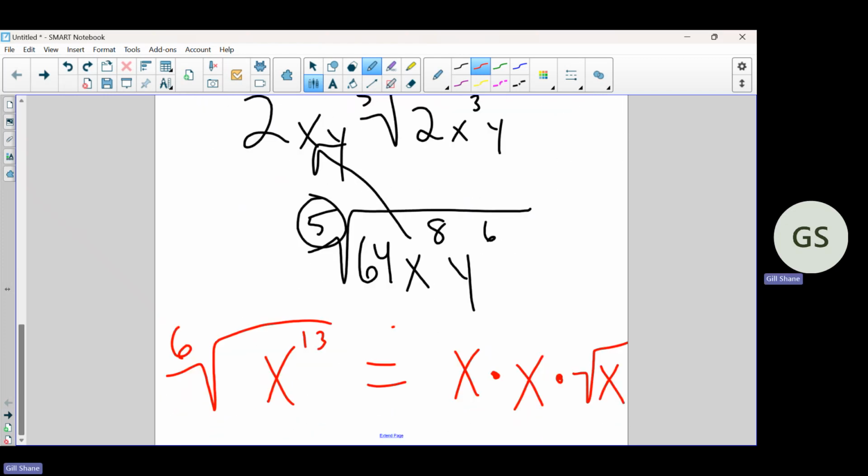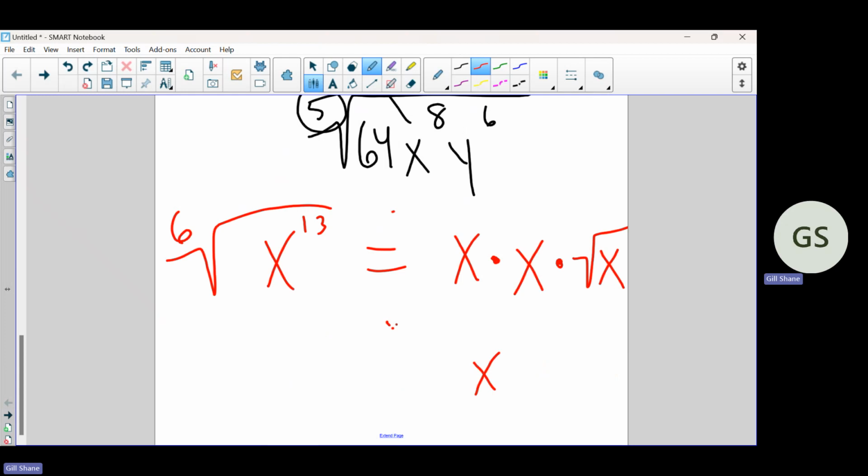So that gives me x squared, because I pulled 2 of them out, times the 6th root of x.